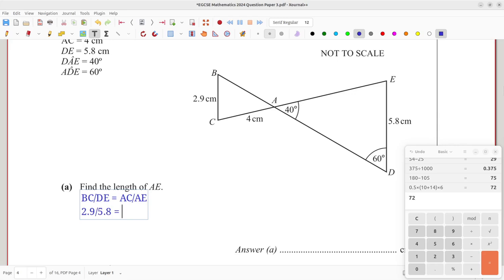This is equal to AC, 4, over AE. Now let's do cross multiplication. You get 2.9 times AE is equal to 4 multiplied by 5.8, which implies that AE is equal to 4 times 5.8 divided by 2.9. Let's use our calculator to see.